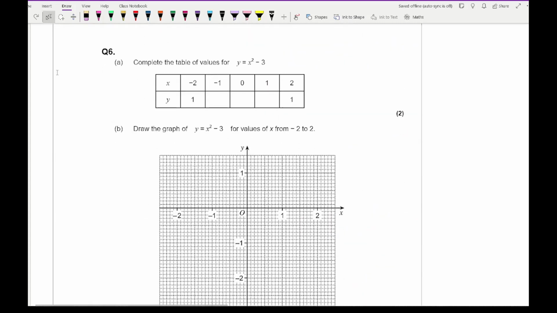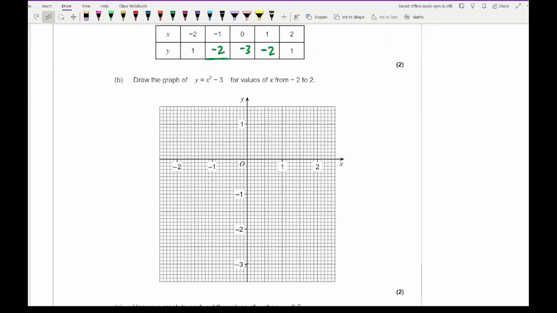Moving on to question 6, it says complete the table of values for x squared minus 3. So again, all we need to do here is just substitute the values in. For this first value, I've got minus 1 squared minus 3, which is 1 minus 3, which is minus 2. Then I've got minus 3 and I've got minus 2. And then all we need to do is plot these points.